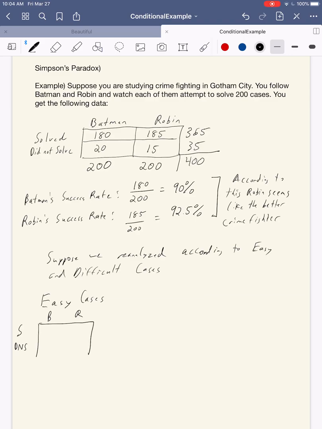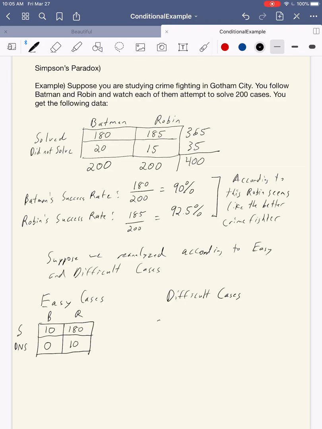We find that for the easy cases, Batman solved 10 easy cases and failed to solve 0, while Robin solved 180 easy cases and did not solve 10.